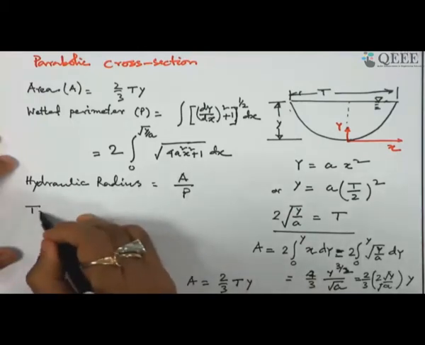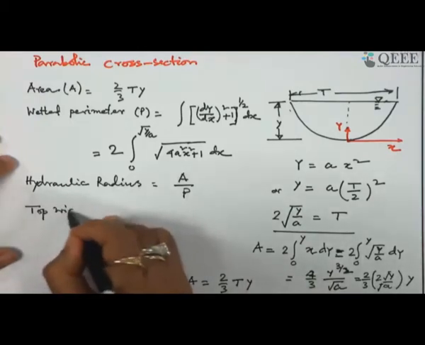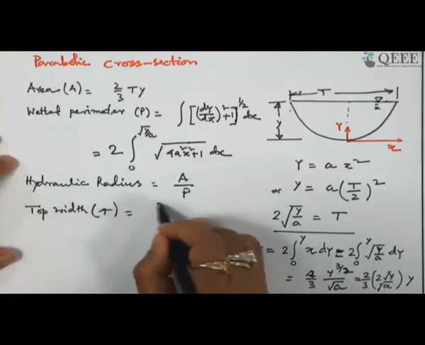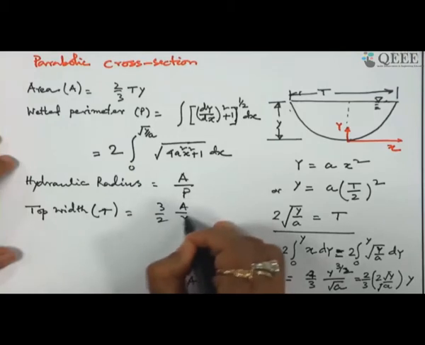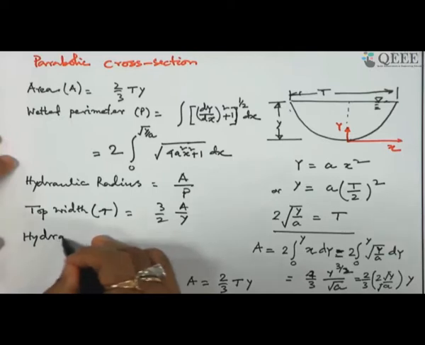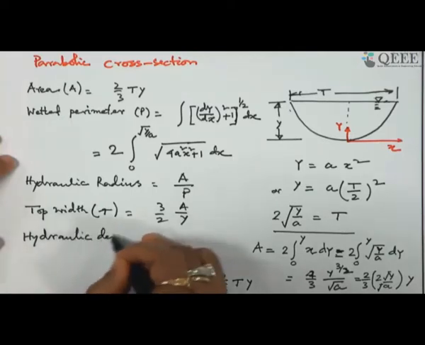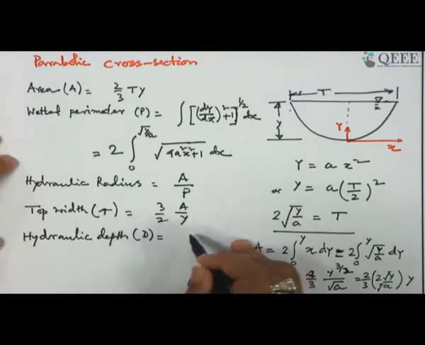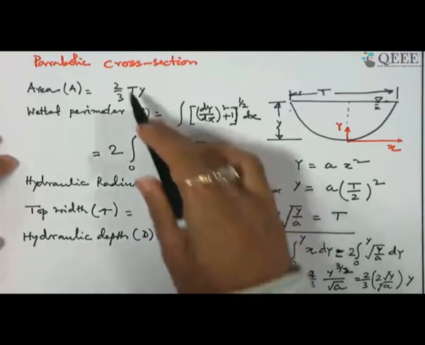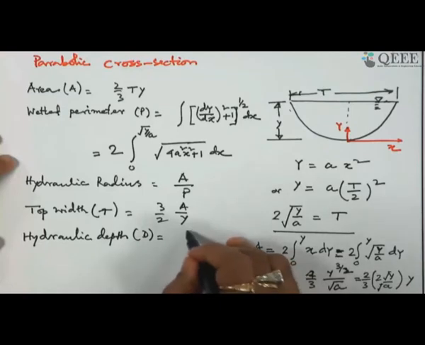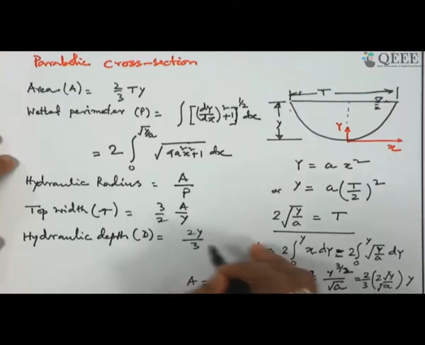The top width T will be 3 by 2 A by Y, and the hydraulic depth D is the ratio between these two. So, this is 2/3 of Y.